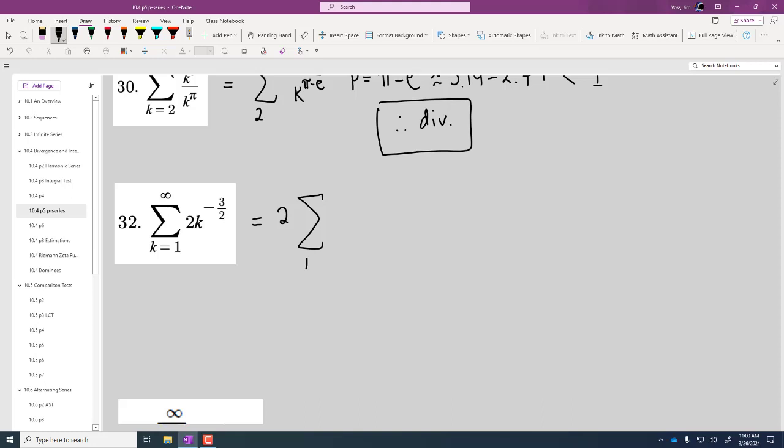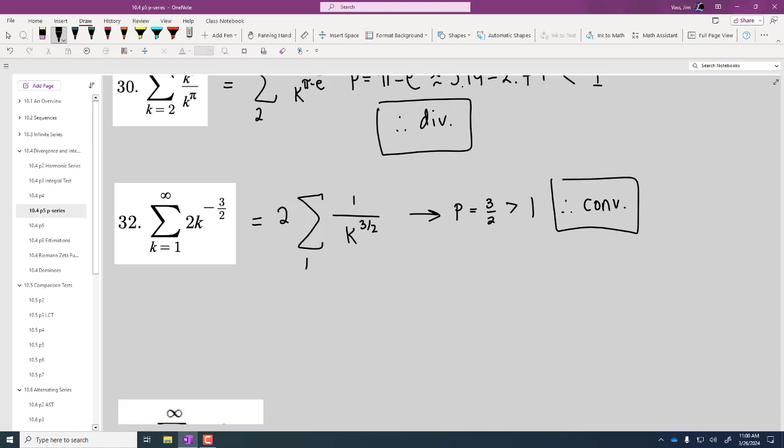Now it's not in the form of a p-series until we have 1 over k to the p. Now it's in the form of a p-series. We want to identify p. So in this case, p is equal to 3/2. We want to compare it to 1, and then we make a conclusion.